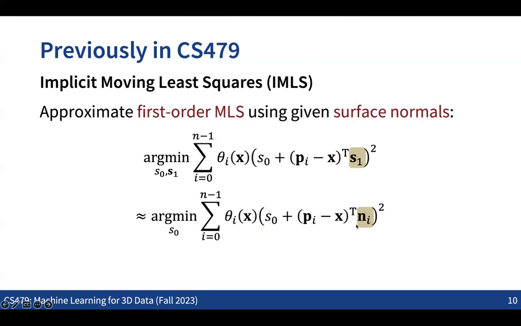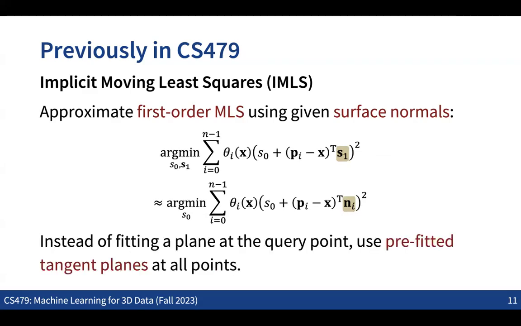And the other thing was that when we also have the surface normal information, we could use this information to approximate the first order moving least squares equation in a slightly different way. We are not solving the eigenvector problem in this case, but simply replacing the surface normal variable for the query point with the surface normals of the other points, using pre-fitted tangent plane information and the pre-computed surface normals for all the points.